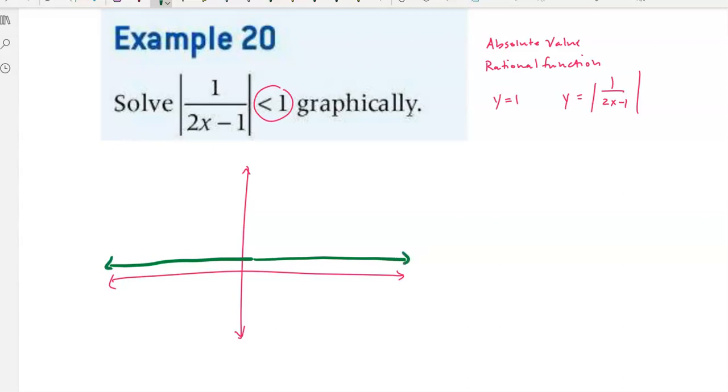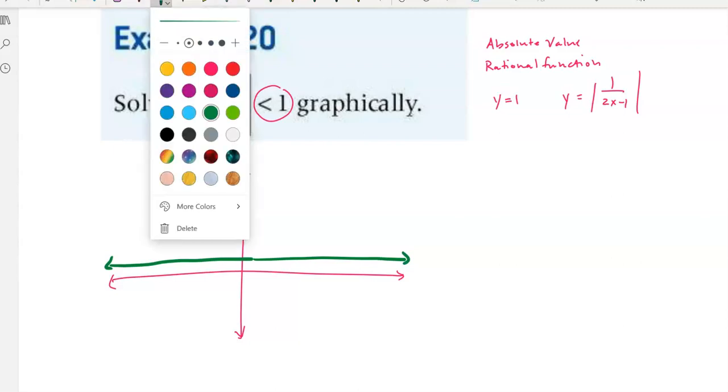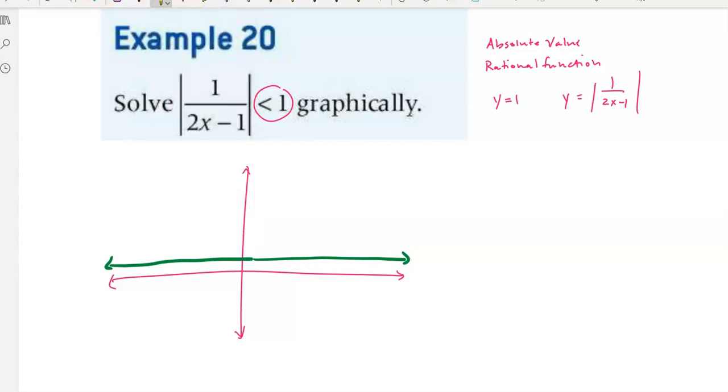Okay, now let's go ahead and figure out the asymptote for this. So 2x minus 1 equals 0, x equals 1/2. So we have x equals 1/2. So this is 1, 2, 3, 1/2.